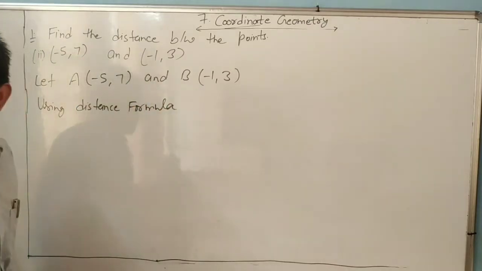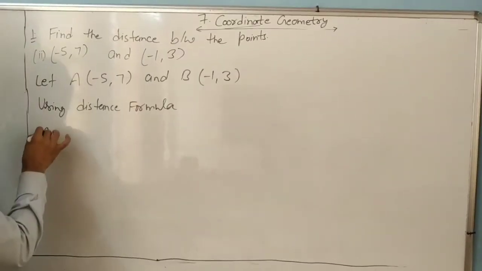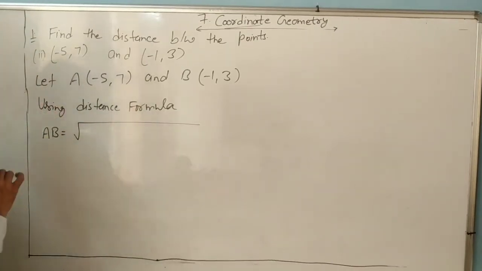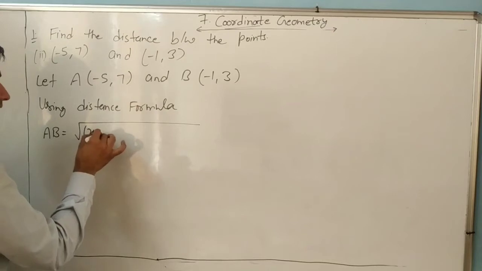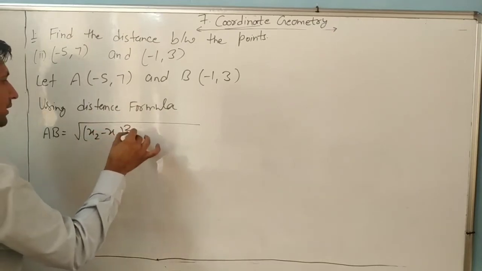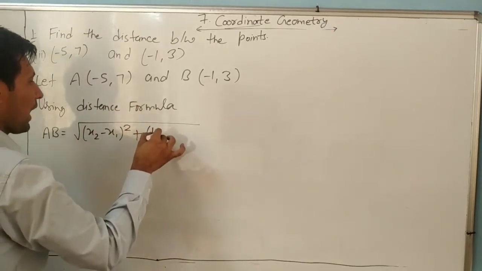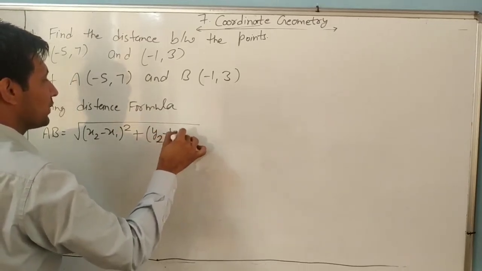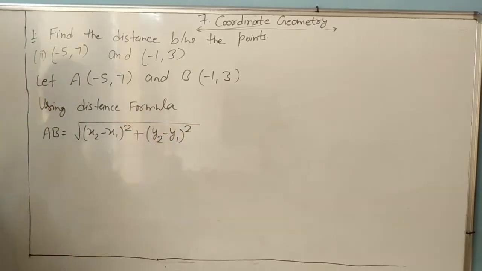What is the distance formula? AB equals, first we always write the formula: square root of x2 minus x1 whole square plus y2 minus y1 whole square.